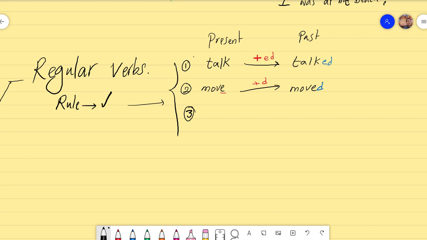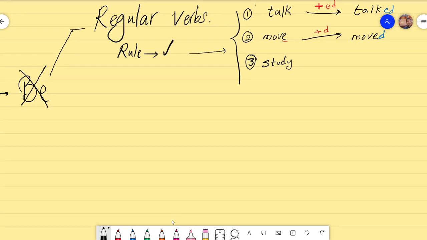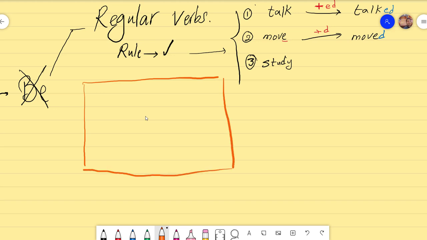Number 3, rule number 3. When we have Y at the end of the verb, for example, look at here, Y. Alright, before we continue, I have to tell you something else, very quickly. Look at here. So we have two groups of letters. Vowels. What are the vowels?